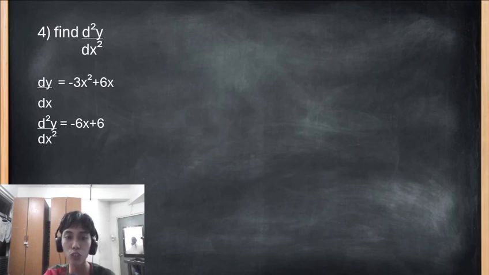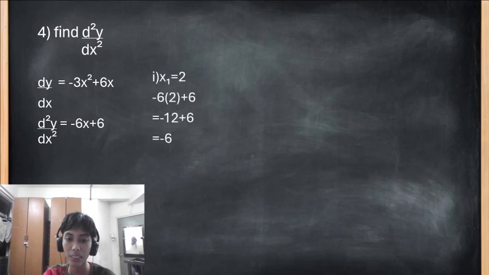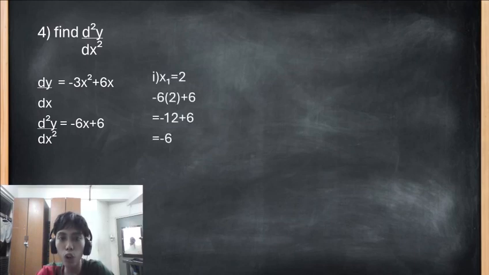After that, we have to find the maximum point and minimum point. To find the maximum and minimum point, all we have to do is use x1 and x2 and substitute them into d²y/dx², which is negative 6x plus 6.